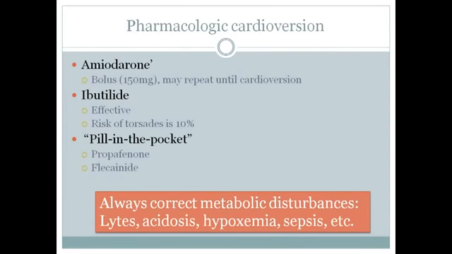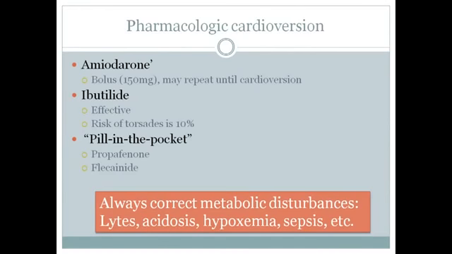Amiodarone is a good choice. Ibutilide is more effective. It's also a push, a bolus, over 10 minutes, but there is a significant risk of torsades. So we always do this with the patches on and on the monitor, and 9 out of 10 do well. But if you go into torsades, you just need to defibrillate.